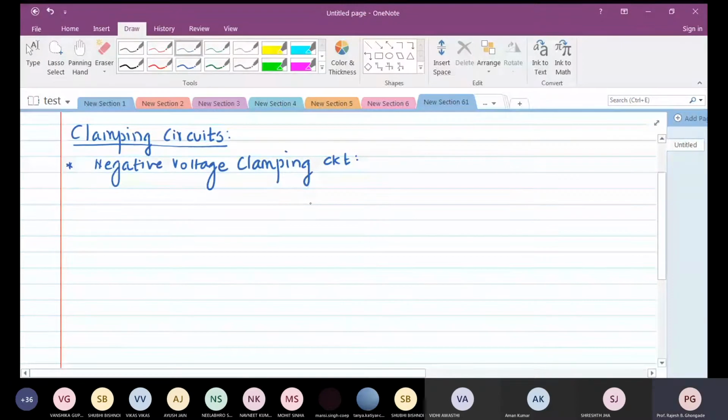There is one more extra component here, and that is a capacitor. You have a diode like this and the output. So a simple circuit like this, R1.